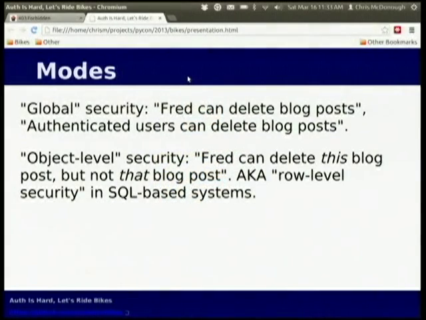So I'm going to call these different modes of security. Most web applications have some form of security that I'm going to call global security, which means you make an assertion that some user or some group can do X. Let's say it's edit blog entries.